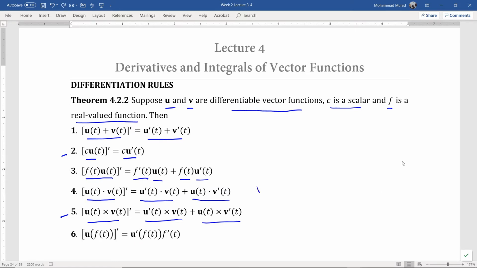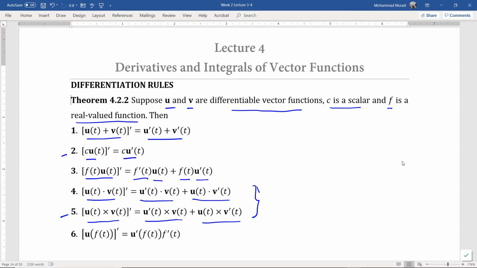The rules 4 and 5 are collectively called the product rule for the dot product and cross product cases. In rule 4, since dot product commutes, the order doesn't matter. But in 5, since cross product doesn't commute, meaning u cross v is not the same as v cross u, we have to maintain the order: u prime cross v, and in the second term, u cross v prime.